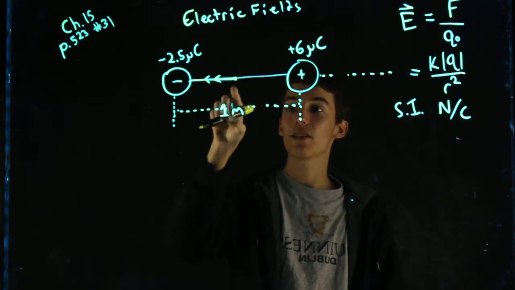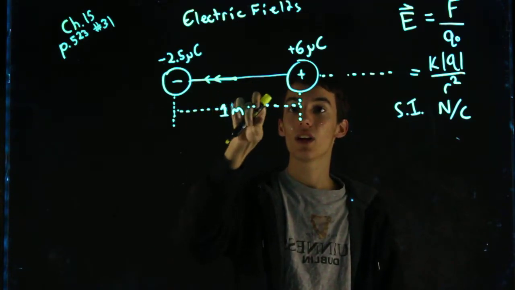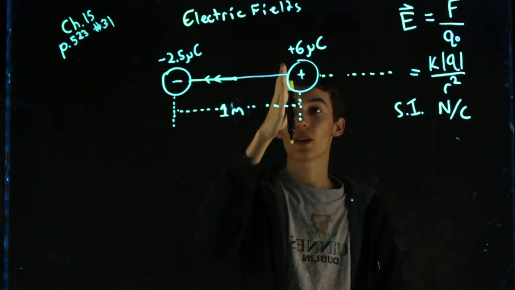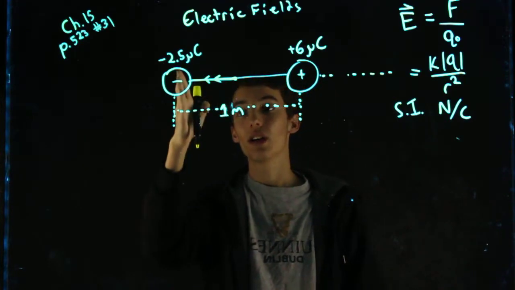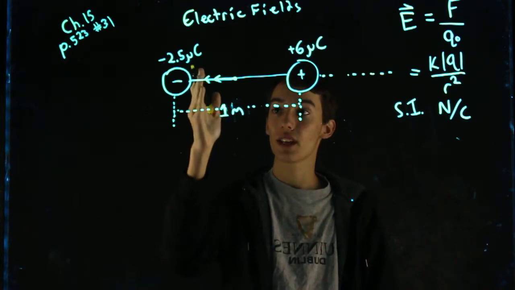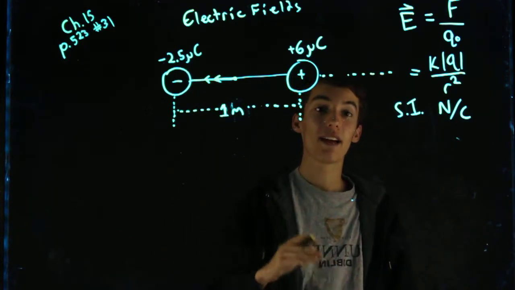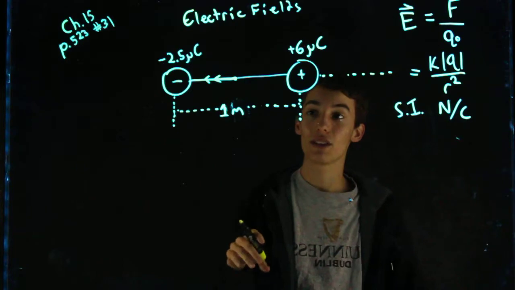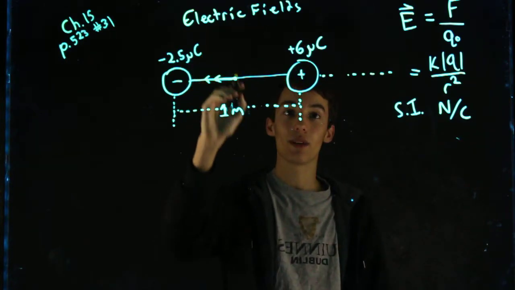So here we see that if we place a charge anywhere in the middle, no matter what's going to happen, if it's a positive charge, it's going to go all the way to the left, and if it happened to be a negative charge, which we're not measuring, the opposite would happen, it would go to the right. Either way, the electric field's not going to be zero, so we know we're not looking at the middle.